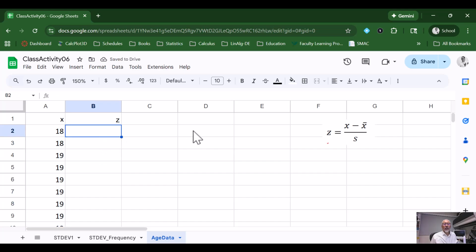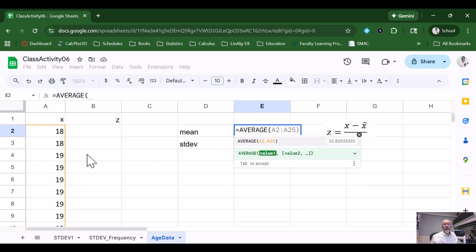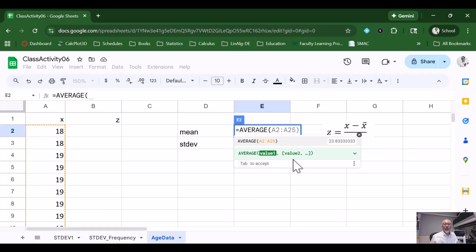And so what we need to do is find our mean and our standard deviation. To do that, I'll say equals and then average. I want to find the average, and here it's suggesting it goes from A2 to A25. Just to check, A25 is down here. I'll go ahead and agree to this.